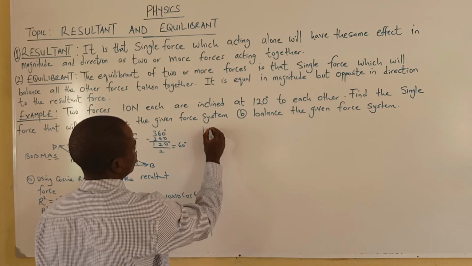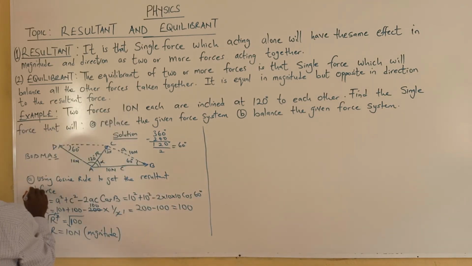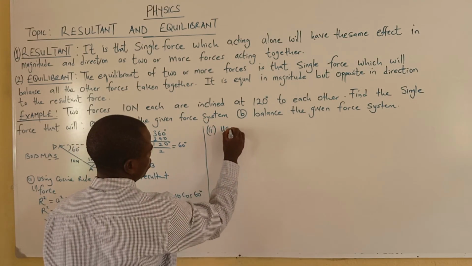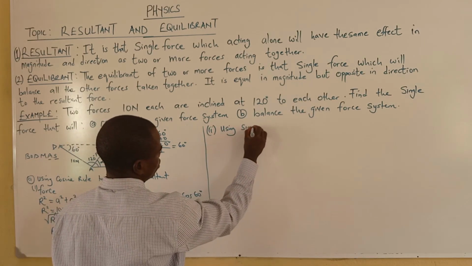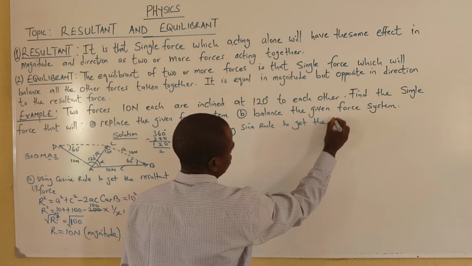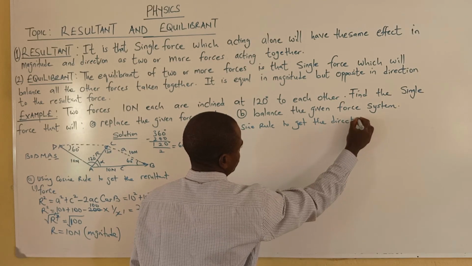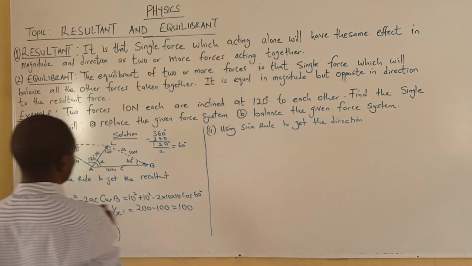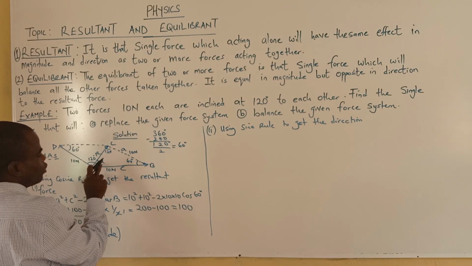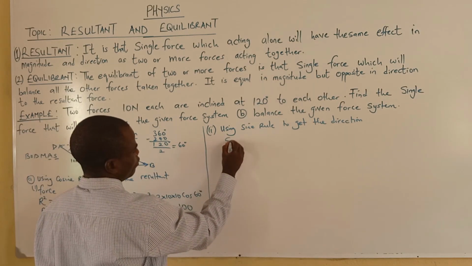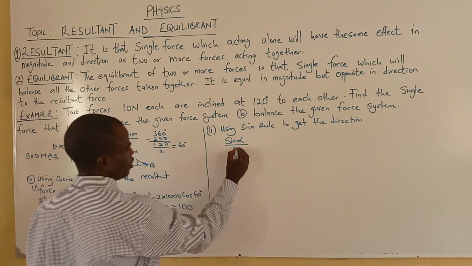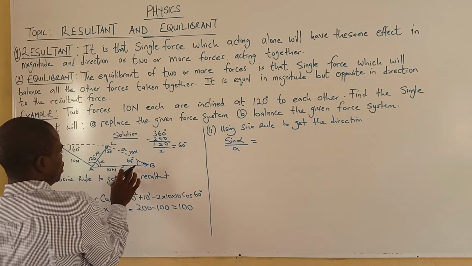Using the sine rule to get the direction. Now, since you're having something like this, we are looking for this alpha: sine alpha over the side opposite to it, a, equals the one that you have.